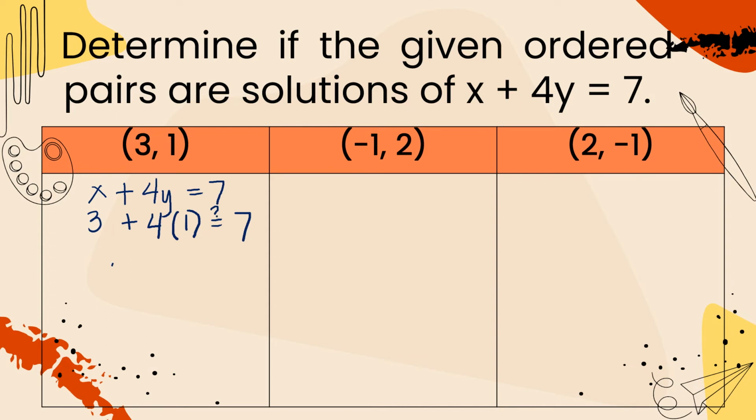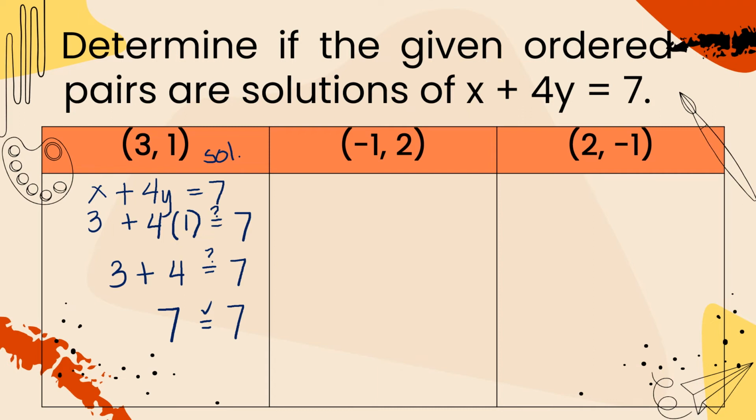So we have 3 plus 4 times 1 will give us 4. Is that equal to 7? Let us see. So 4 plus 3 is equal to, correct, that is 7 is equal to 7. So therefore, 3, 1 is a solution of the linear equation x plus 4y is equal to 7.